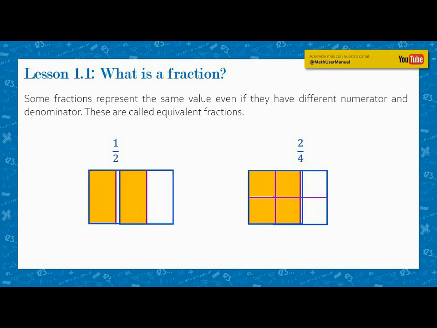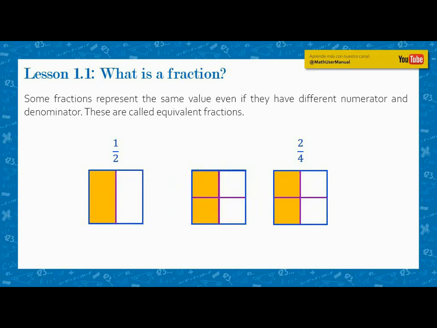As we can tell, when we put those two squares together, both fractions are painting exactly the same part of the square. The right one is painting two parts and the left one is painting only one part. But they are both painting the same part, only one half of that square.